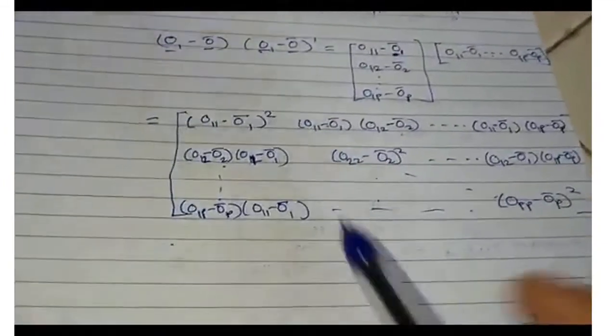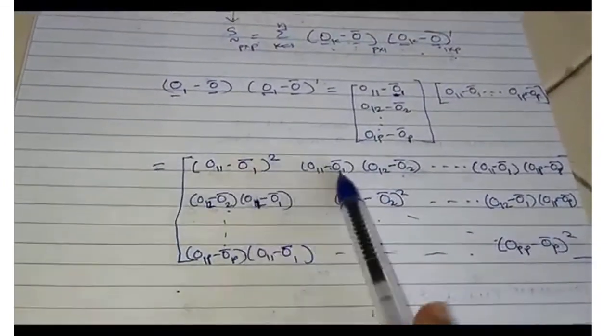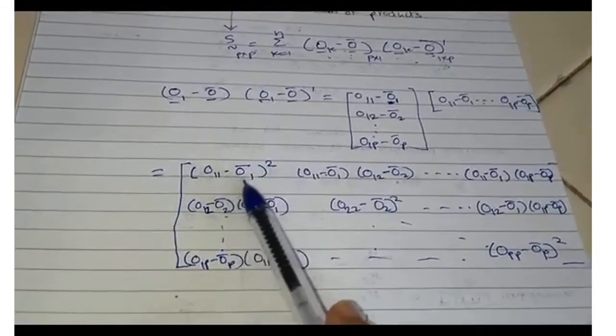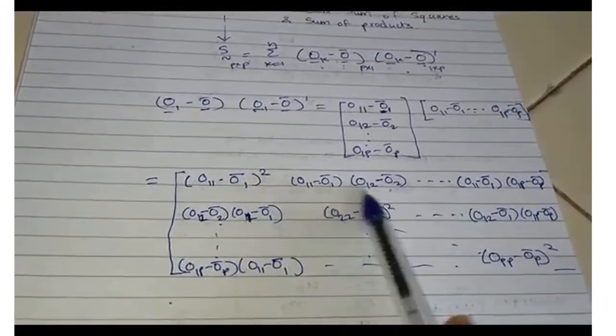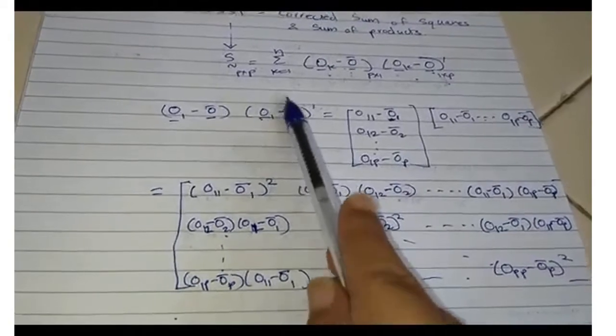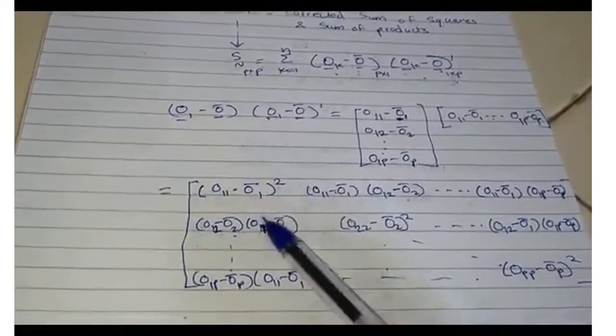So this is how my first matrix in this sum would look. Now you can see here I have squares, I have products. So corrected squares, corrected products, and we are going to take the sum over all such things. This is just the first.